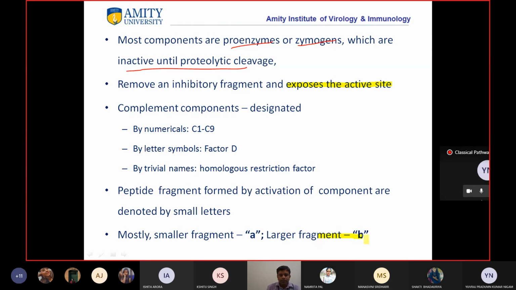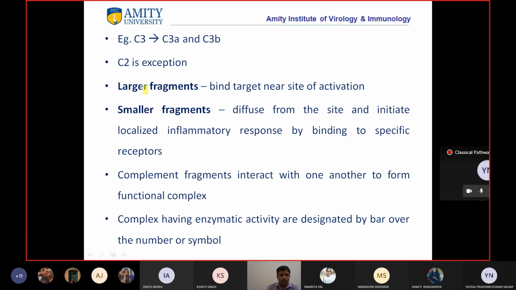Mostly the larger fragment is termed B and the smaller one A, with the exception of C2. Wherever the complement pathway gets activated, the larger fragment will remain near the target site, whereas the smaller fragment will diffuse away and do its function at some other place, right?